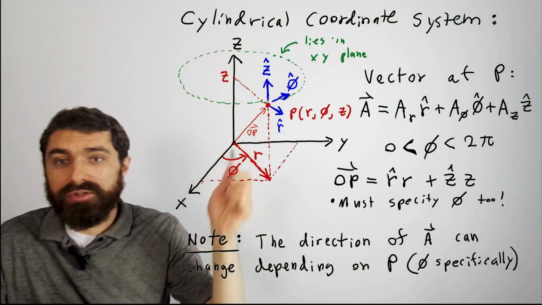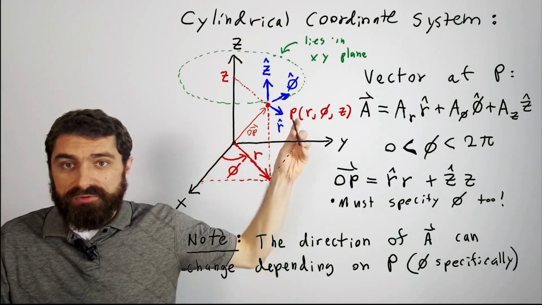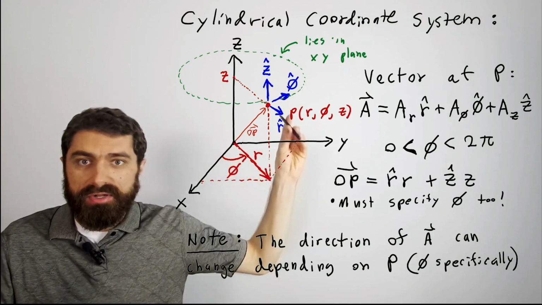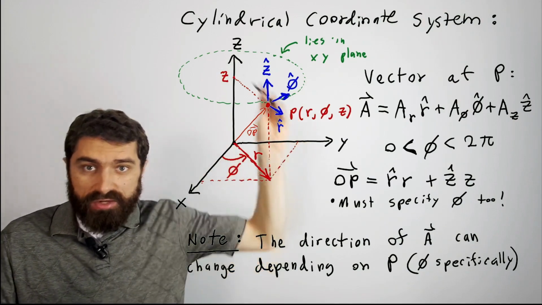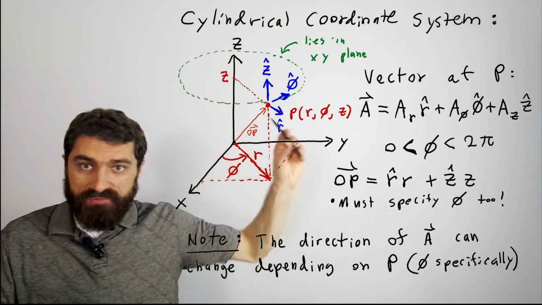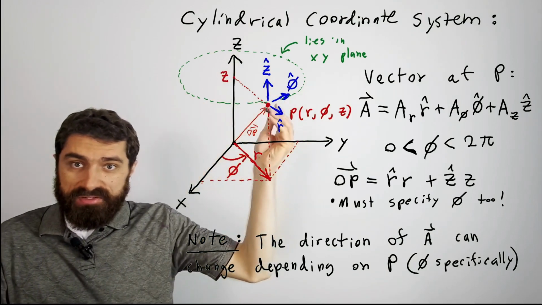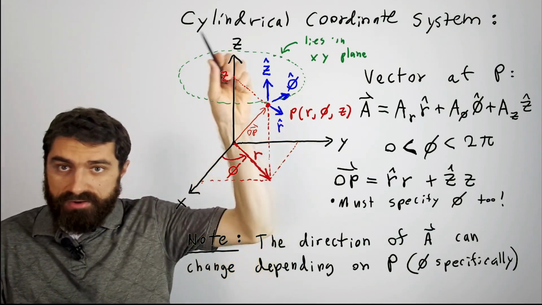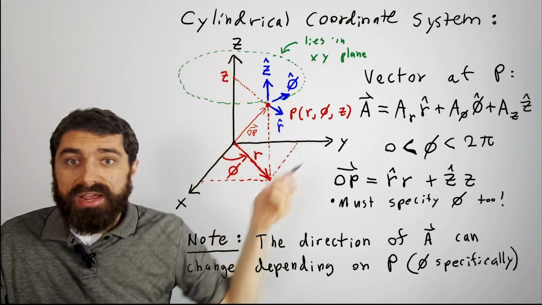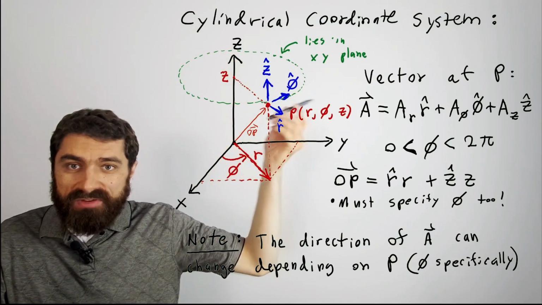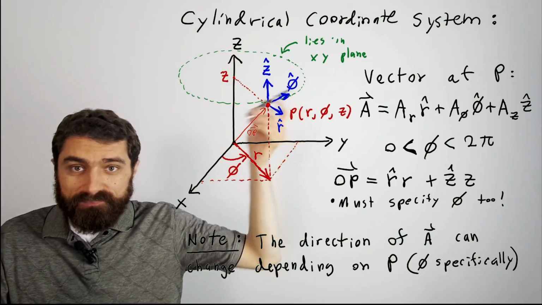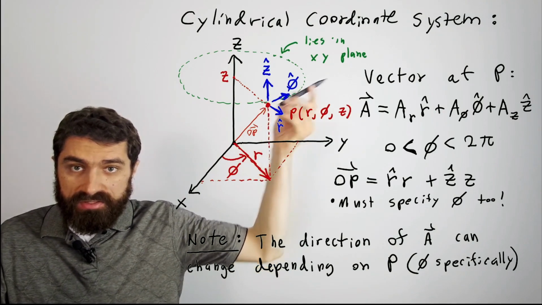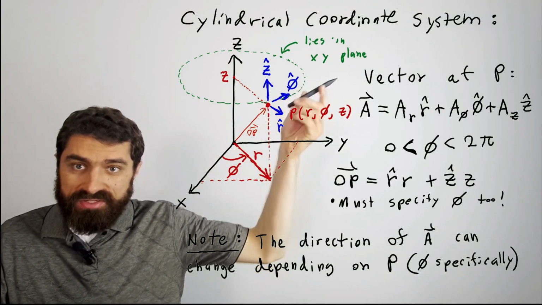It's unlike the Cartesian coordinate system where you have a certain vector that has ax, ay, and az components, and it's oriented in a certain way. No matter what point you choose, it's just fixed. Here, it's different. If you choose a different point, it'll go around and point in another direction. Same thing happens with phi hat. At this point we've drawn here, the unit vector phi hat is oriented in this direction.